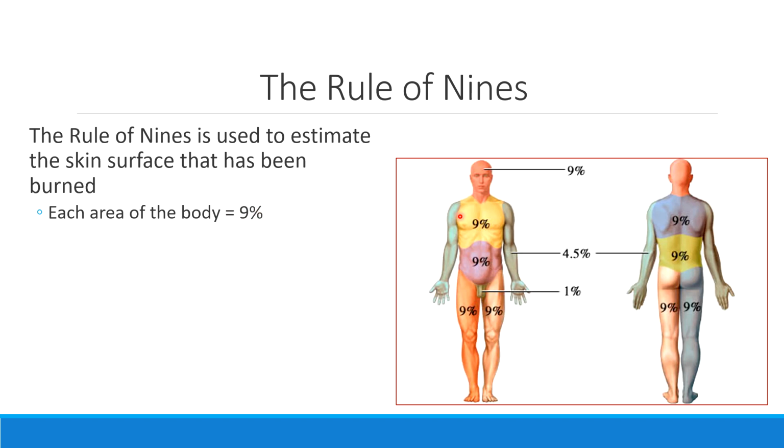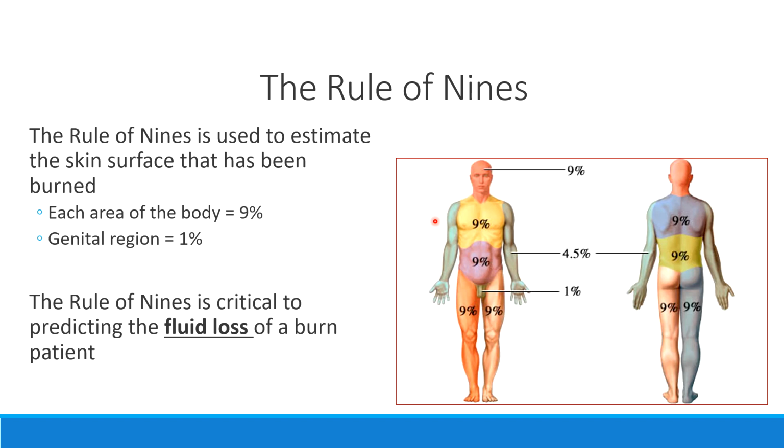So for example, the front side of your chest, we would consider that 9% of your skin. The back side of your chest, another 9%, or the lower part of your back, 9%, and so forth. The genital region accounts for that last 1% once we've added up all the other 9%s.